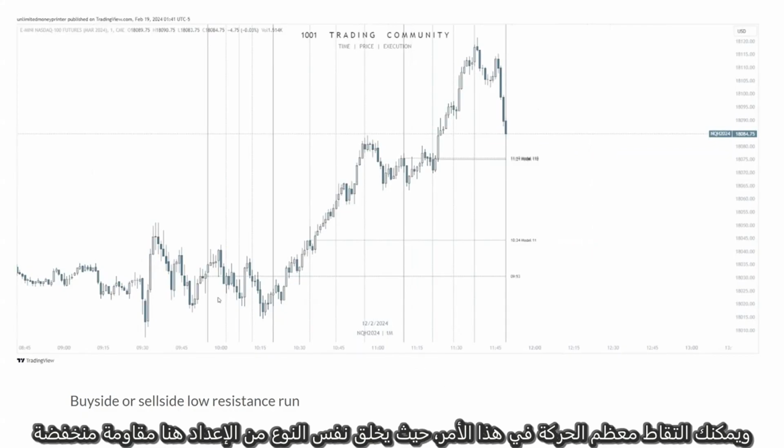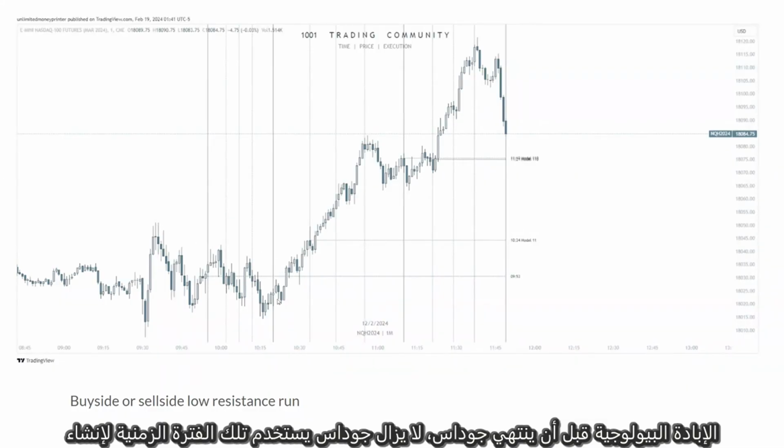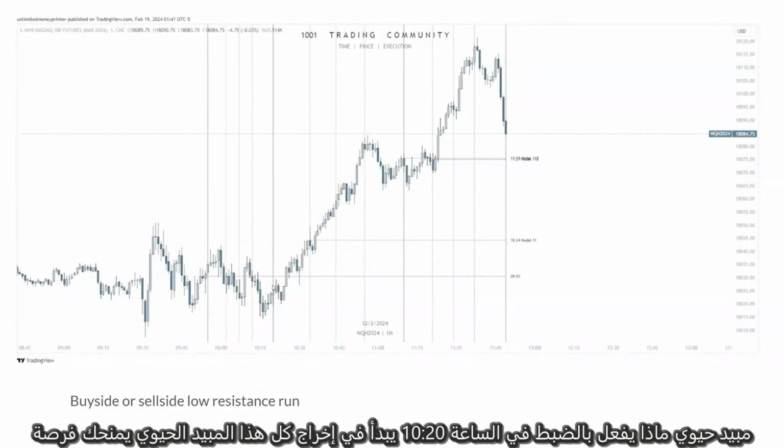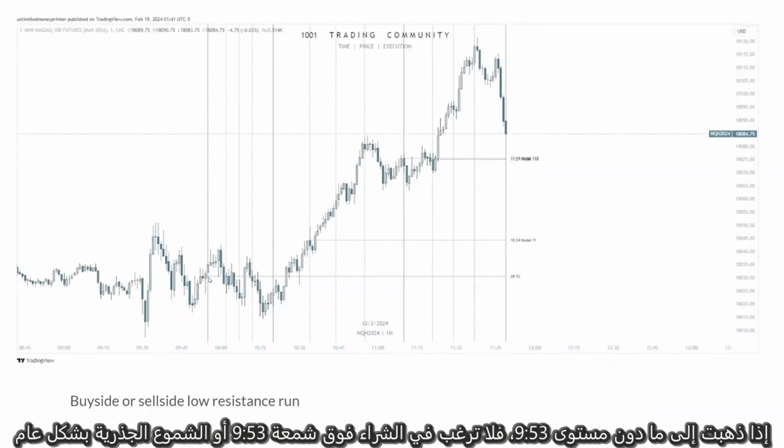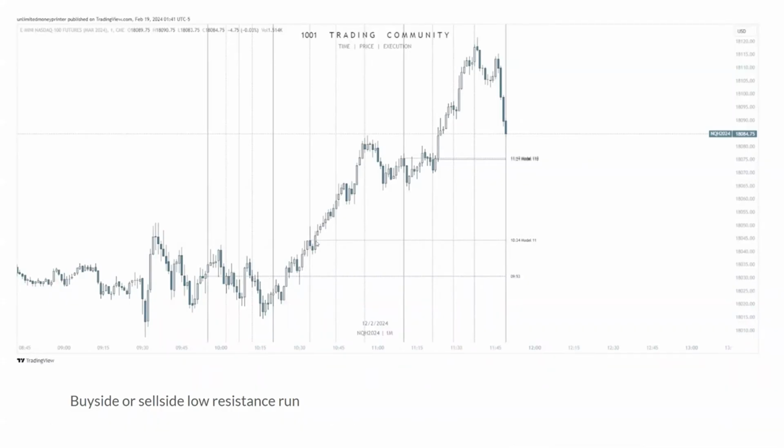Same type of setup here, creates low resistance buy side before Judas is over. Judas is still using that time slot to create that buy side. What does it do? Exactly at 1020, it starts to take all that buy side out, gives you a chance to go long beneath the 953. You do not want to long above the 953 candle or root candles in general.